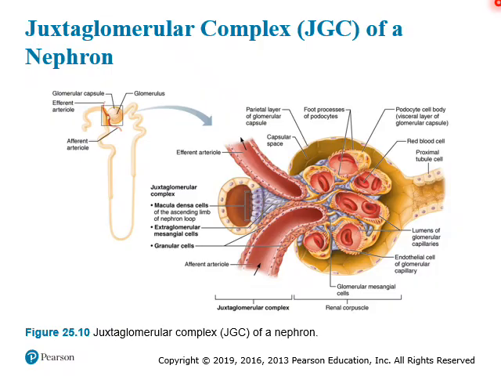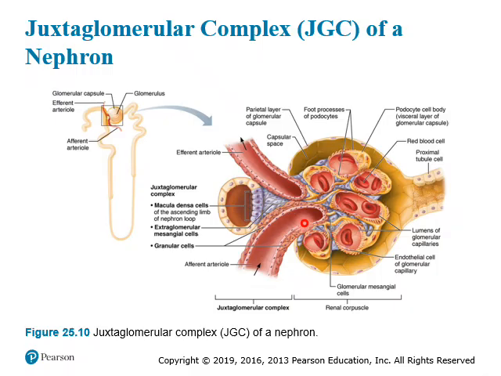Then you have your granular cells. The granular cells are the ones that are lining the afferent arteriole. They are enlarged smooth muscle cells of the arteriole. They act as mechanoreceptors.